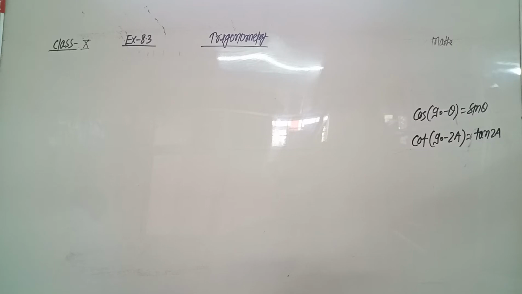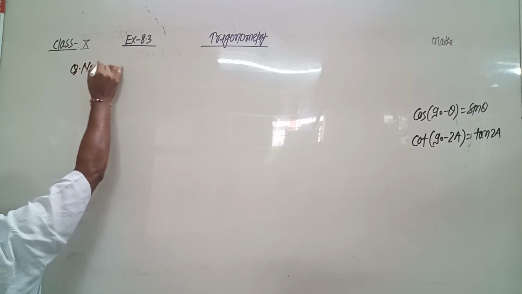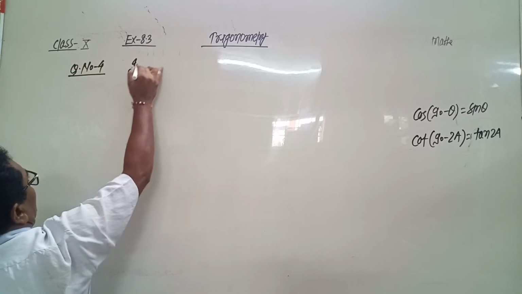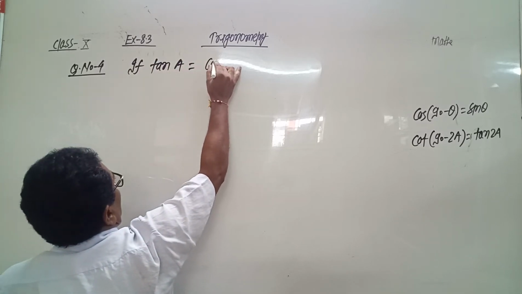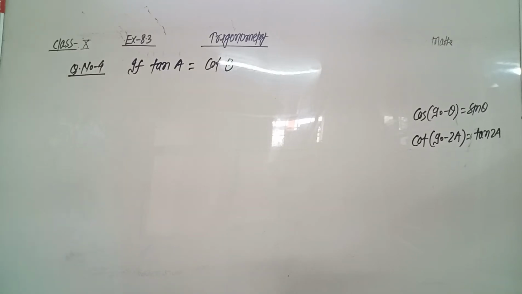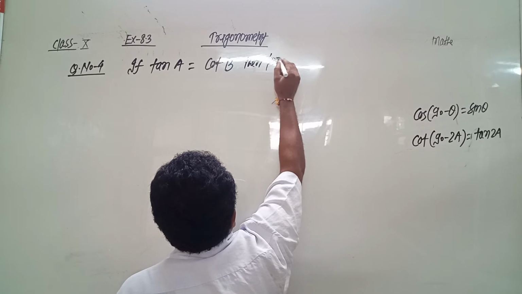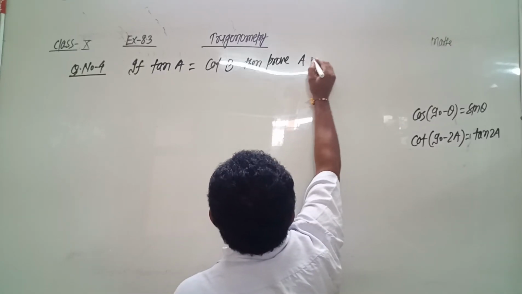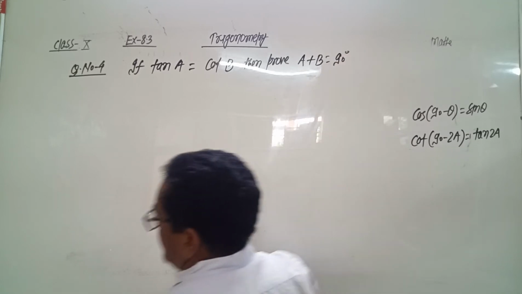Now question number 4. If tan A equals cot B, we are given tan A equals cot B, then prove that A plus B equals 90 degree.